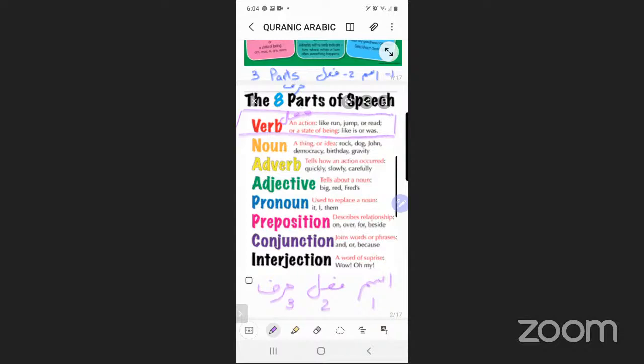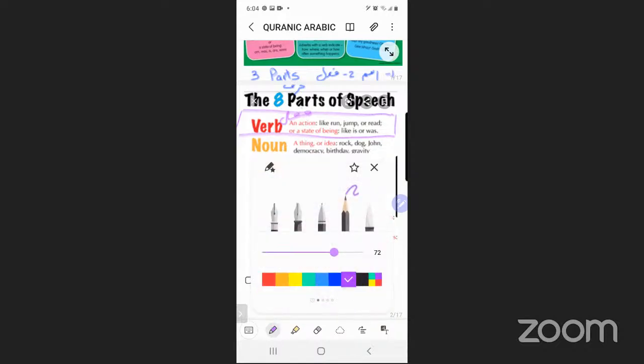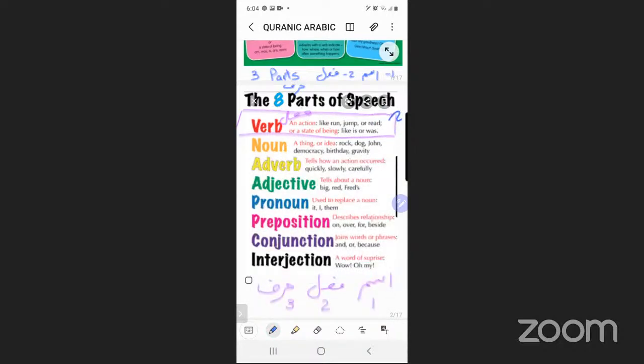When this action is done, either it's done in the present. So I'm going to take blue again and I'm going to write present, past, or future. So these are the tenses of the verb.